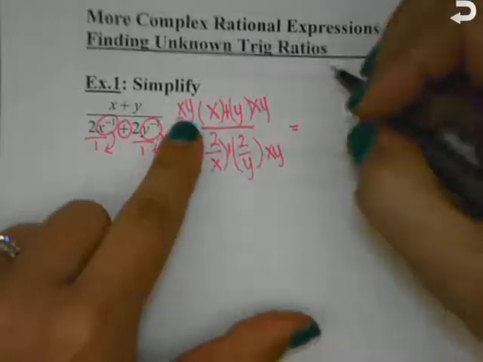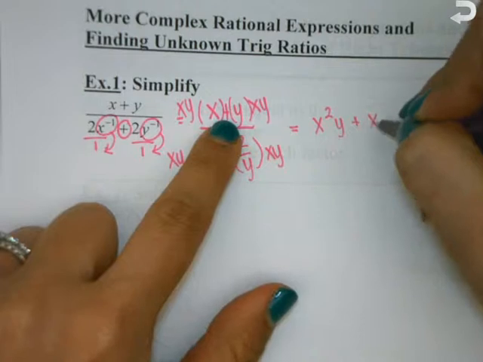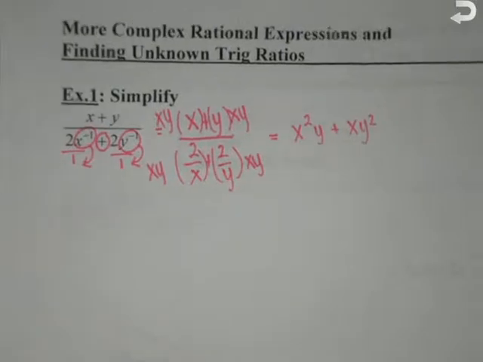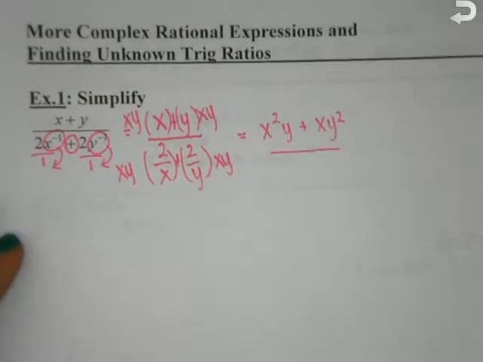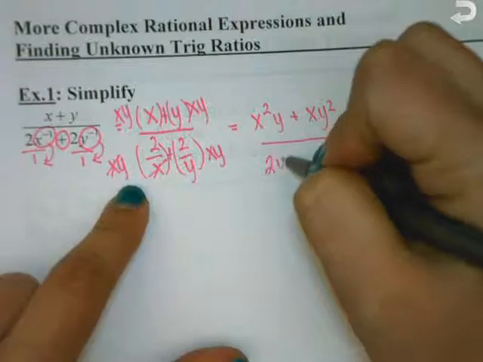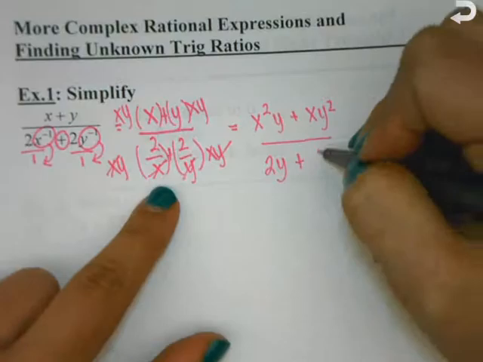So that's going to just multiply to x squared y plus x y squared, all over. In the denominator, the x's are going to cancel, so that's going to leave us with 2y plus, the y's cancel, 2x.